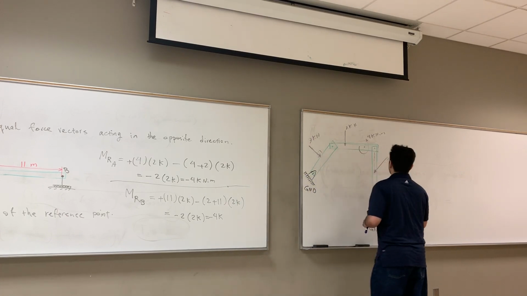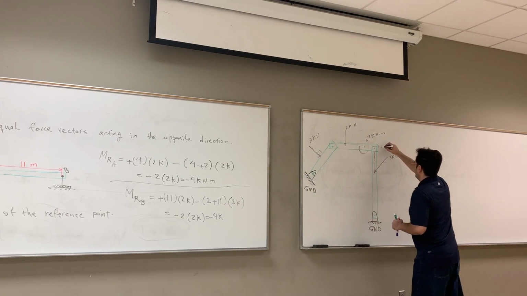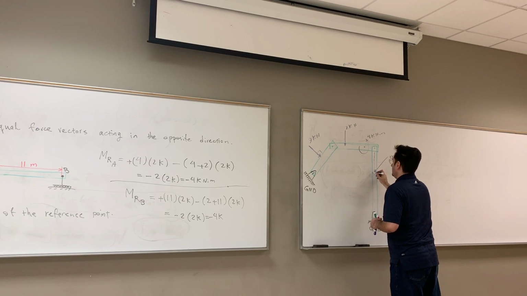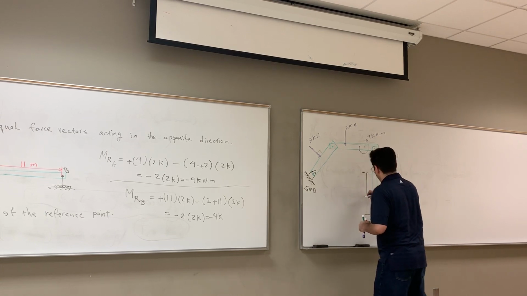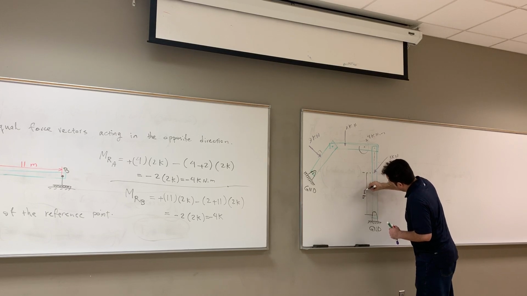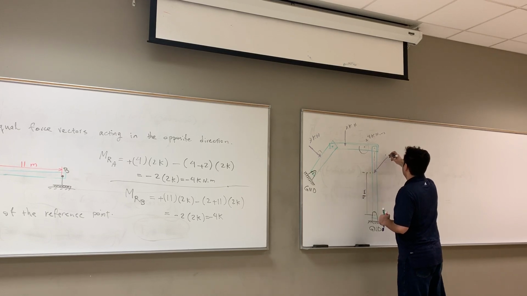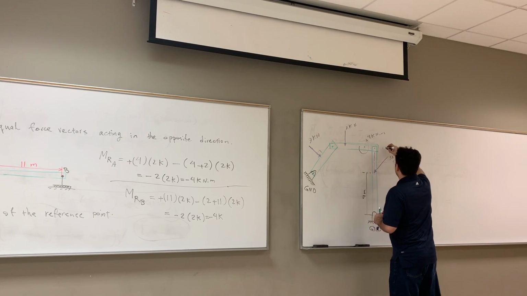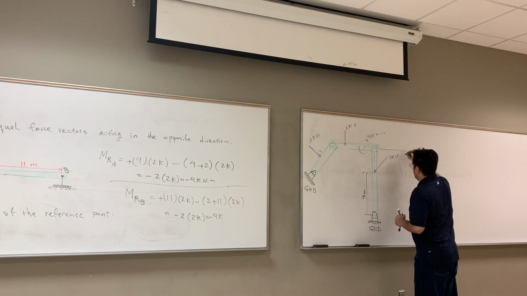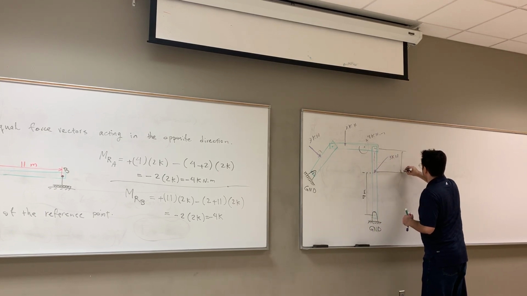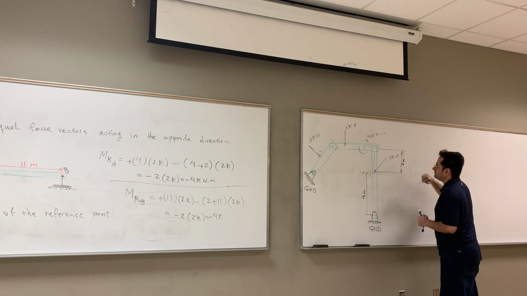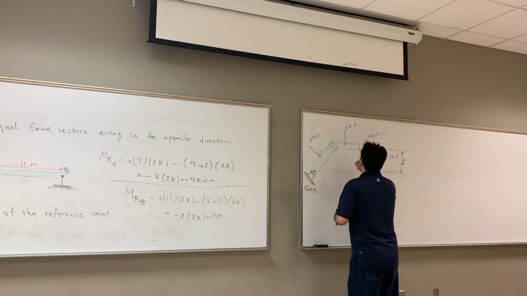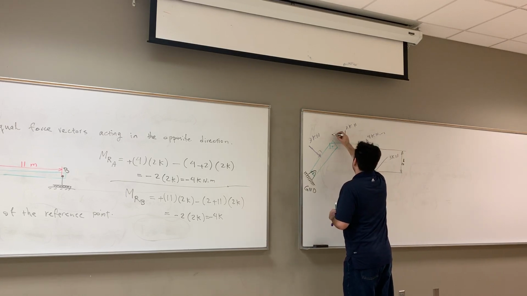This distance from here to here is 4 meters. From here to here, that's 2 meters. Here to here, 2 meters.